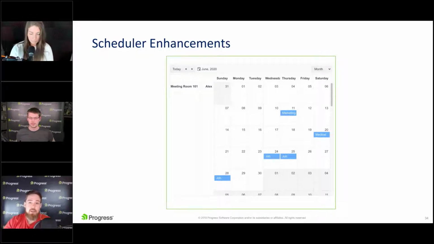And if we scroll down a little bit, we might be able to see Bob, we might be able to see Sarah as well under meeting room 101. And then maybe meeting room 201, we can start seeing the same people again and see what they booked throughout those meeting rooms. So if you're not necessarily into organizing your data this way, it's absolutely fine, but we just wanted the ability to allow for multiple hierarchical groups to occur within the scheduler for those folks that have some more advanced scheduling needs.